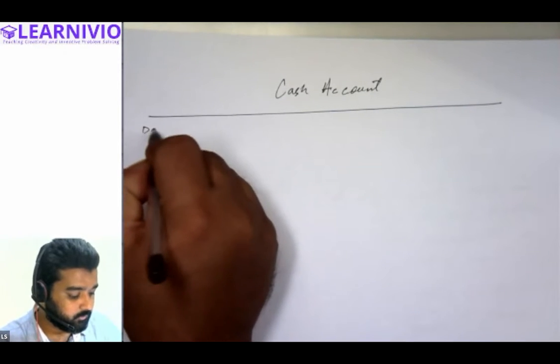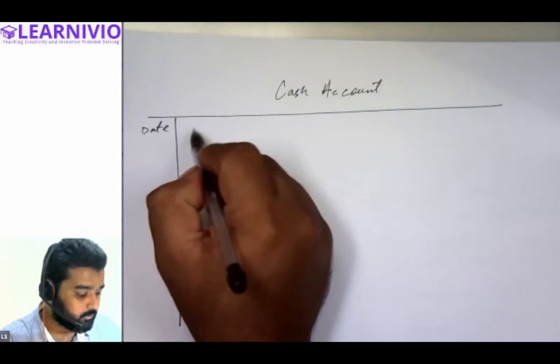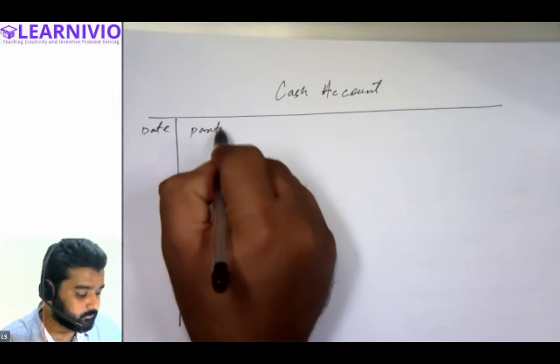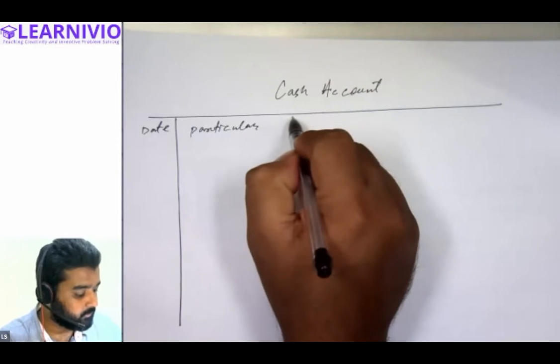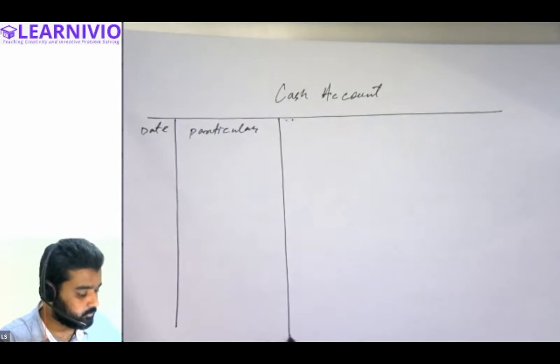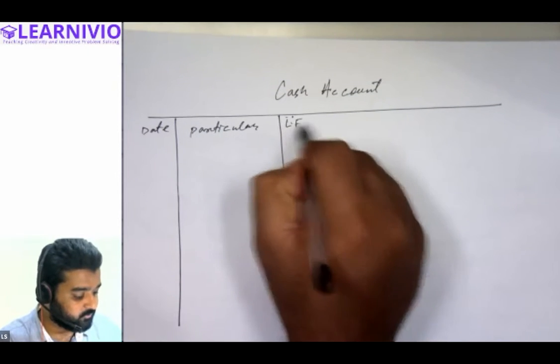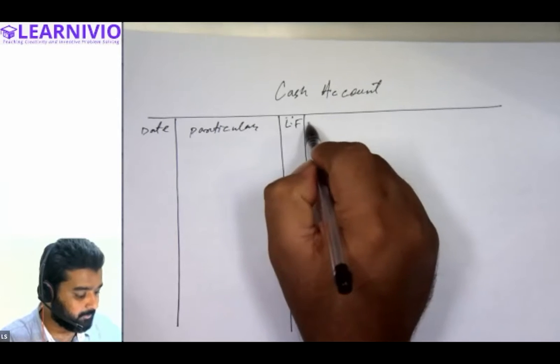First of all, date, then particulars. You can note this down along with me. Particulars, then we will draw a column for LF, ledger folio, then amount.